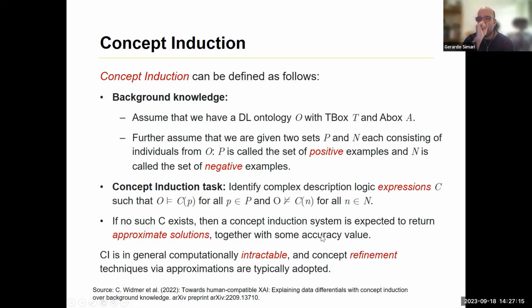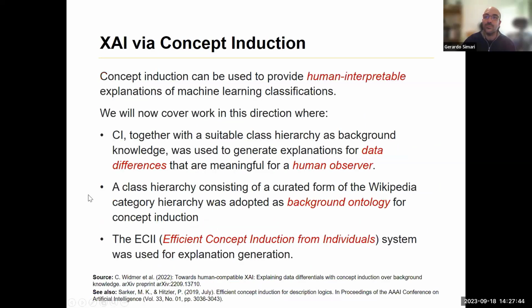So as you might imagine, with the relationship between this and inductive logic programming, it's typically computationally very expensive or even intractable. So there's another set of techniques called concept refinement that approximates these expressions, and they are typically adopted for these types of problems.